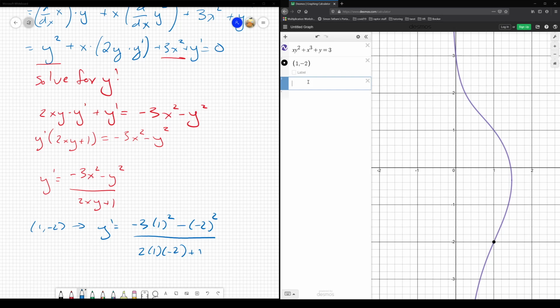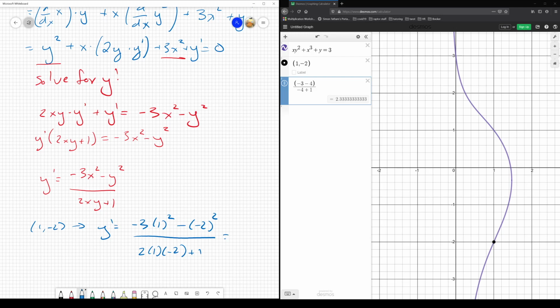And I am very lazy, so I'm just going to type that's negative 3 minus 4 all over negative 4 plus 1. So you get 2.333. So what that is, 7/3.